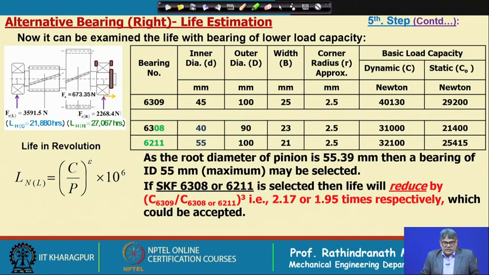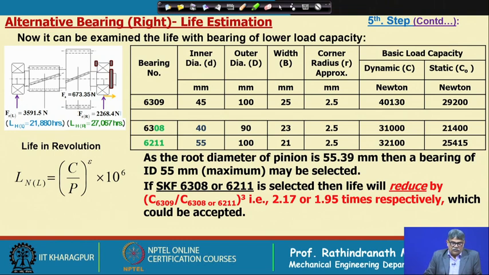Then we can compare in this way: C for 6309 divided by 6308 or 6211 to the power cube, which will give us how much reduction in the life: 2.17 in one case and 1.95 times in the other.